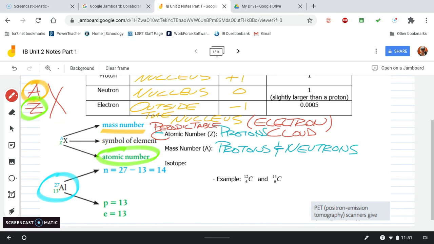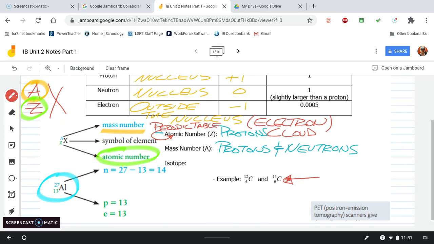So I'm going to get the atomic number from the periodic table. Say they give you the symbol, right? So they give you, in this case over here, carbon. Well, if they just gave you the carbon and you didn't know this bottom number, you just look it up on the periodic table and you'd see it's a 6. That's really easy.